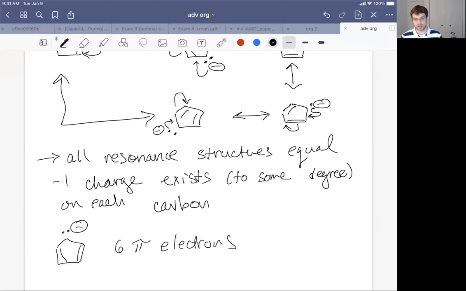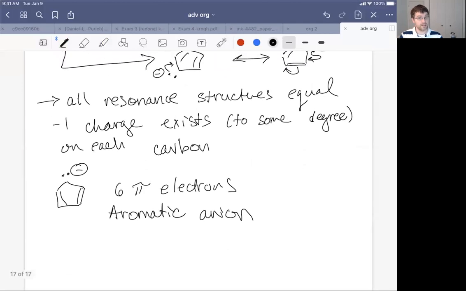The octet is satisfied, and we have an aromatic, in this case, anion. An aromatic anion. Okay, so I said we could use resonance to understand aromaticity. So this shows why that lone pair of electrons exists everywhere. We can also use it to show us acidity.